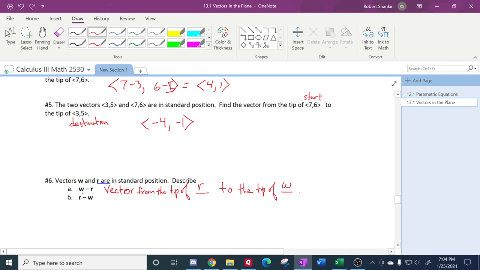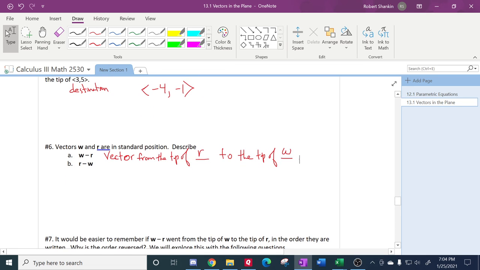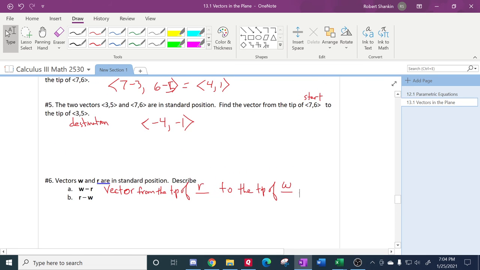And how does this relate to what we were talking about over here, from the start point to the destination?